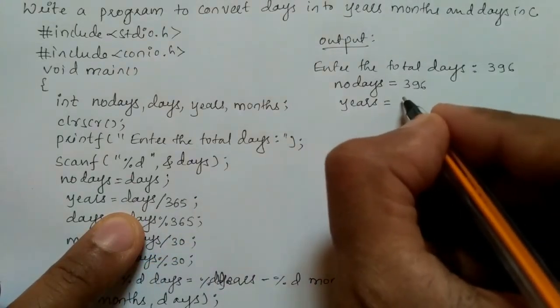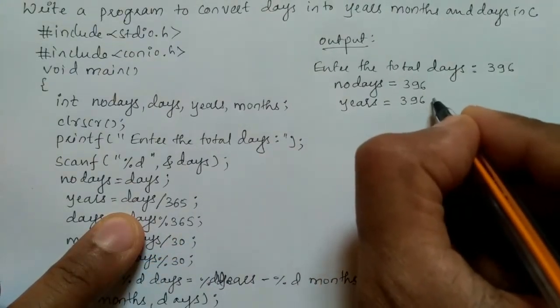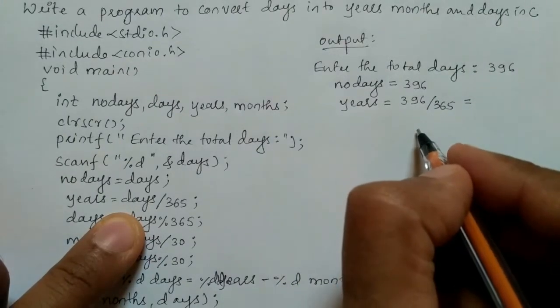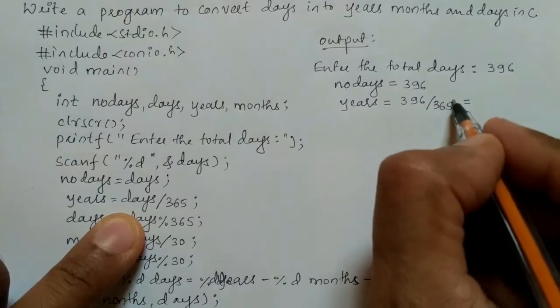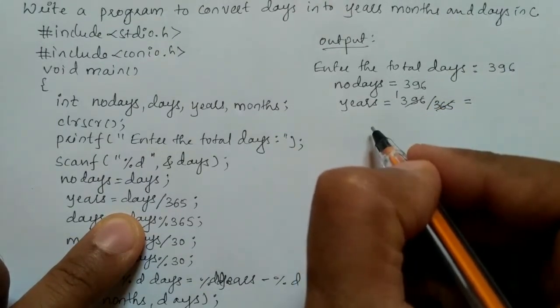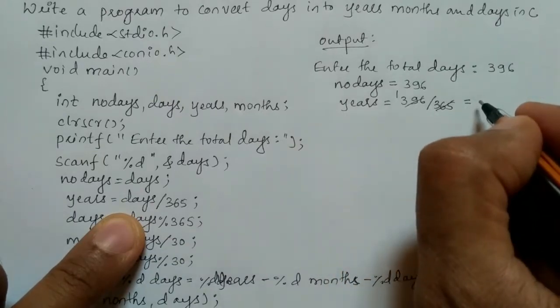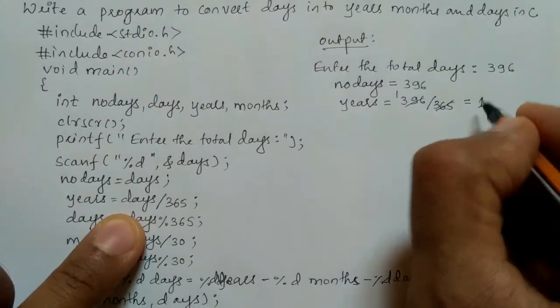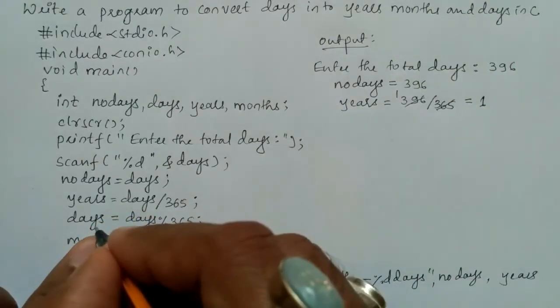So days is 396, integer division by 365. Integer division always gives the quotient. 365 ones are 365, so we remain with only 31, and the quotient is 1.